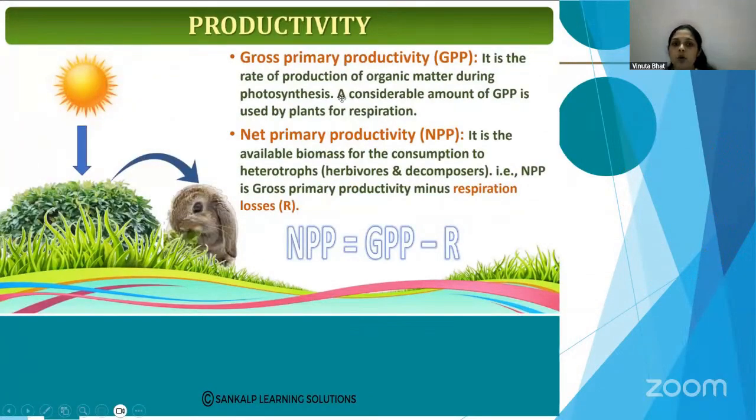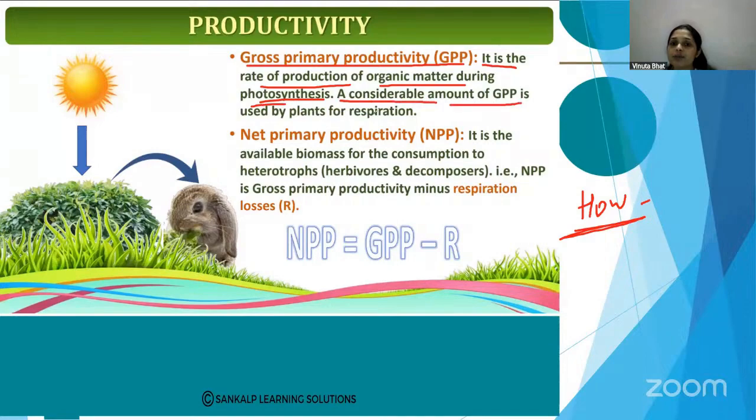Gross primary productivity is the rate of production of organic matter during photosynthesis. So how much organic matter is produced by using the solar light in the process of photosynthesis? A considerable amount of GPP is used by plants for respiration. So GPP, gross primary productivity, means the total amount of biomass produced during photosynthesis.